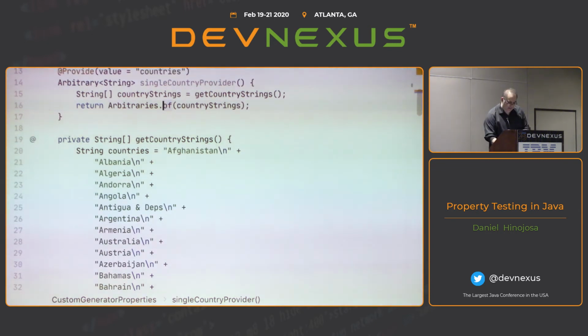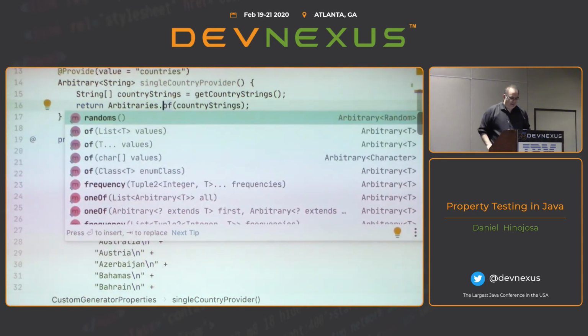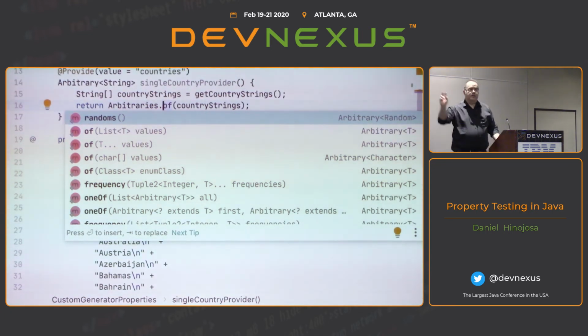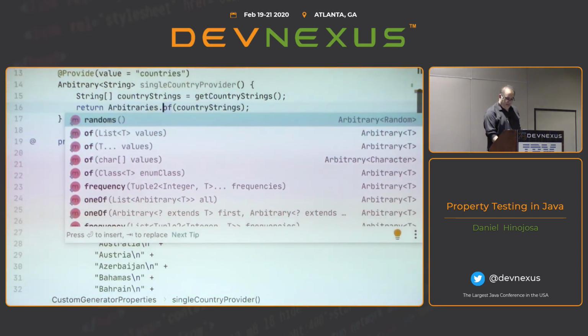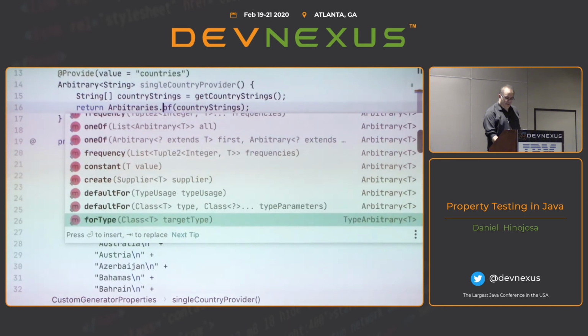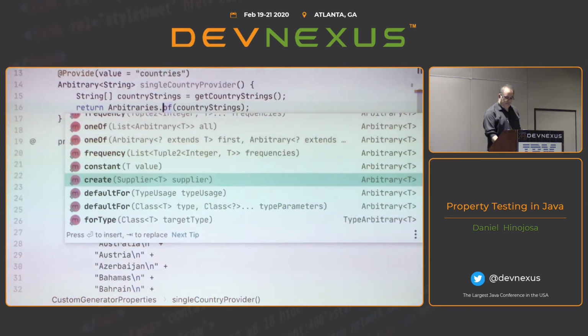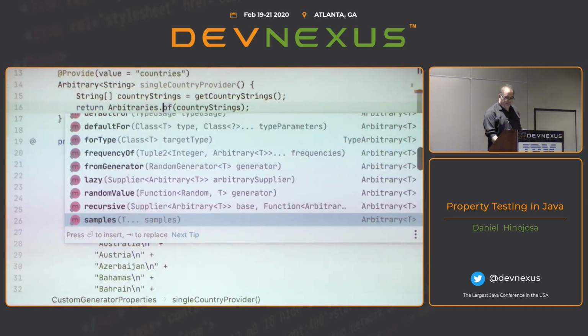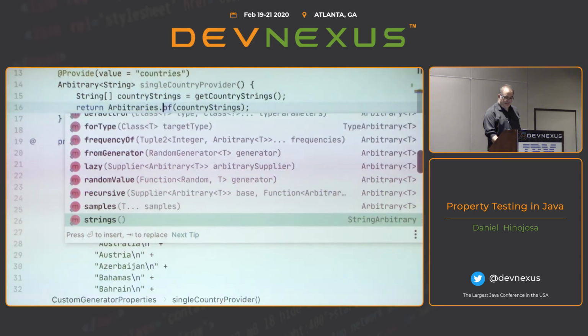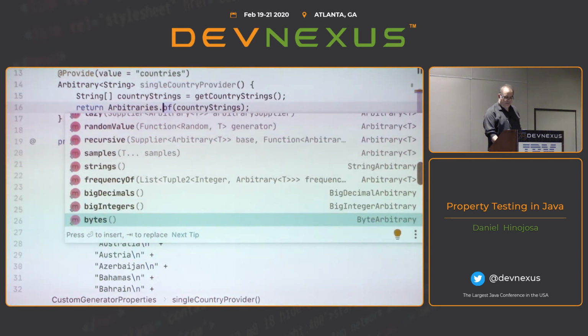Again, let's take a look at arbitrary. You have a lot of choices in here. So you can give it a list of values, so it's just going to pluck something out of it. Genericize. So that's an arbitrary of t. So if you have a list of strings or numbers, whatever it is, it'll just pluck off of there. So arbitraries has a lot. You could get random values, one of, you get a constant value, default for type, lazy, recursive, any given number of samples, strings, big decimals, integers.